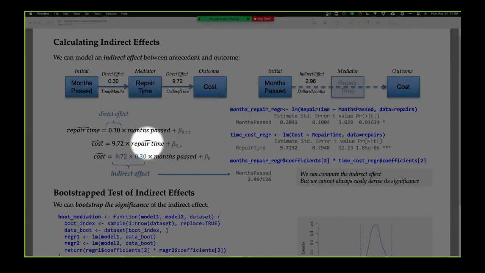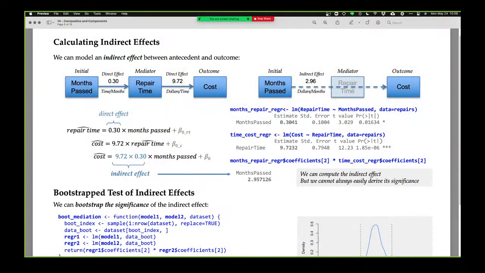All right. These are two separate regressions, unfortunately, but this is the most accurate way of explaining what the mechanics are telling the analyst. The mechanics are telling the analyst, yes, the months passed is affecting the cost, but only indirectly, because what's really happening is that the number of months that have passed since we last inspected the car is increasing the inspection and repair time of this car.